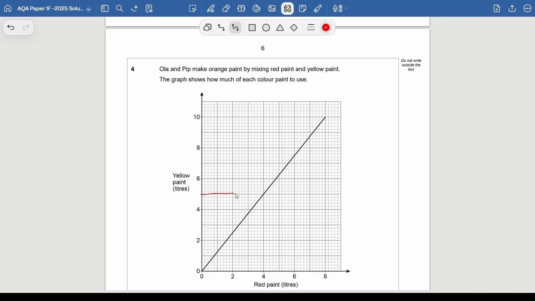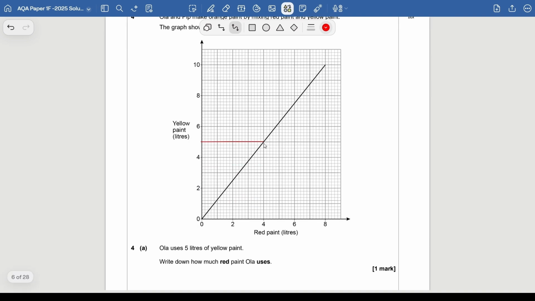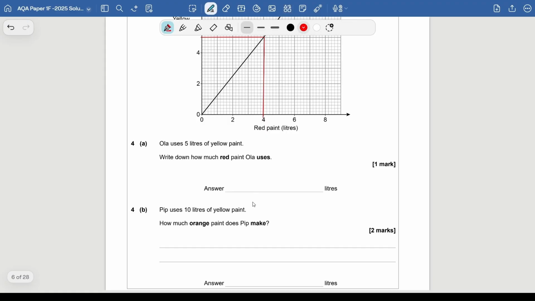So for this 5 liters, how much red paint is required? Its corresponding value is 4. So there will be 4 liters of red paint.